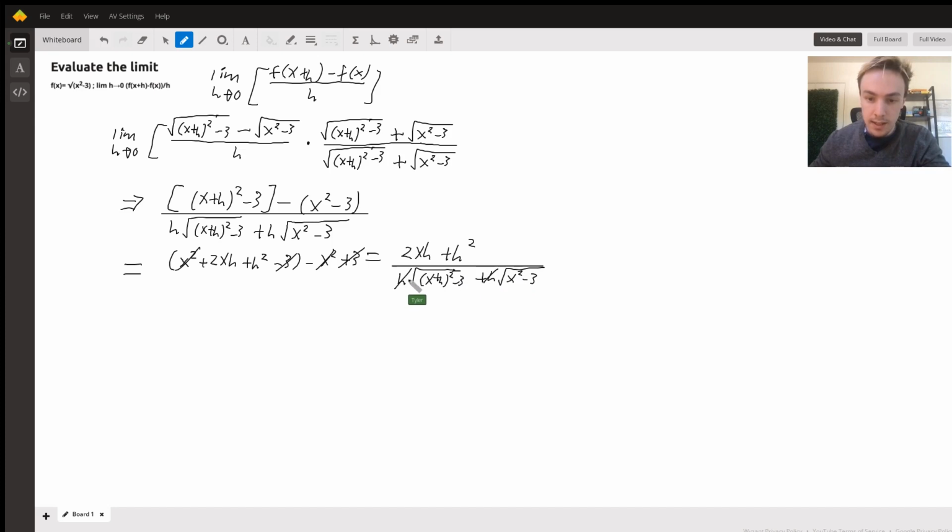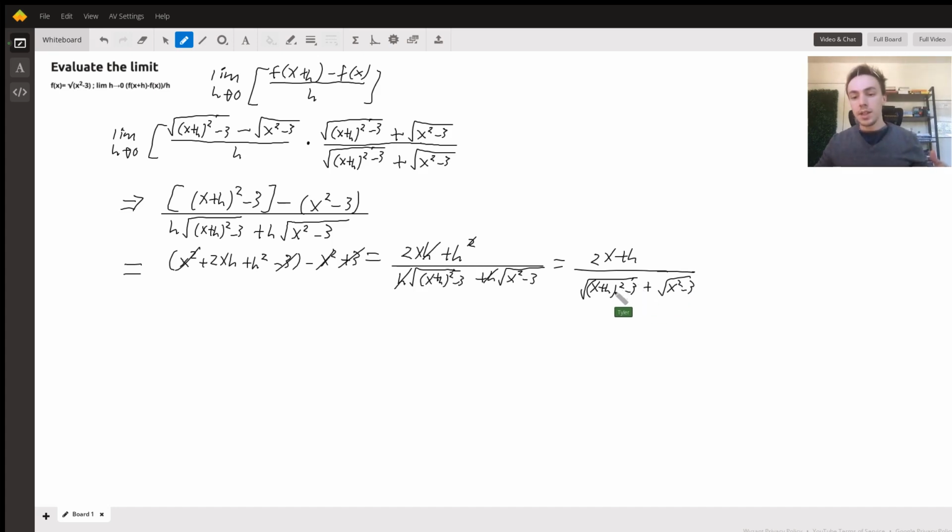The h's will cancel, right? And we're left with 2x plus h divided by the square root of x plus h squared minus 3 plus the square root of x squared minus 3.